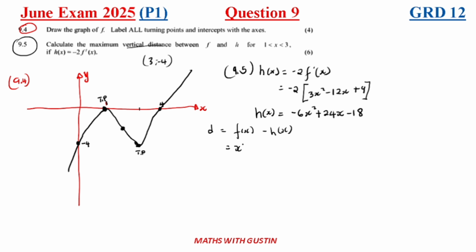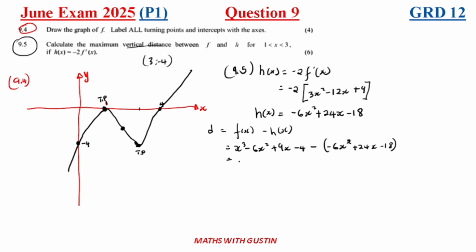It was x cubed minus 6x squared plus 9x minus 4, minus h of x, which is given by this function that we just found, -6x squared plus 24x minus 18, close bracket.